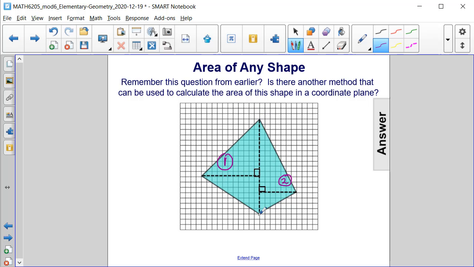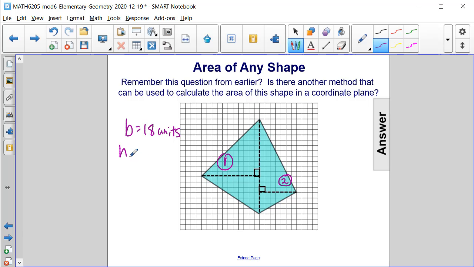And we have to count to find what the base length is and each height. So the base is 1, 2, 3, 4, 5, 6, 7, 8, 9, 10, 11, 12, 13, 14, 15, 16, 17, 18. So the base is 18 units.